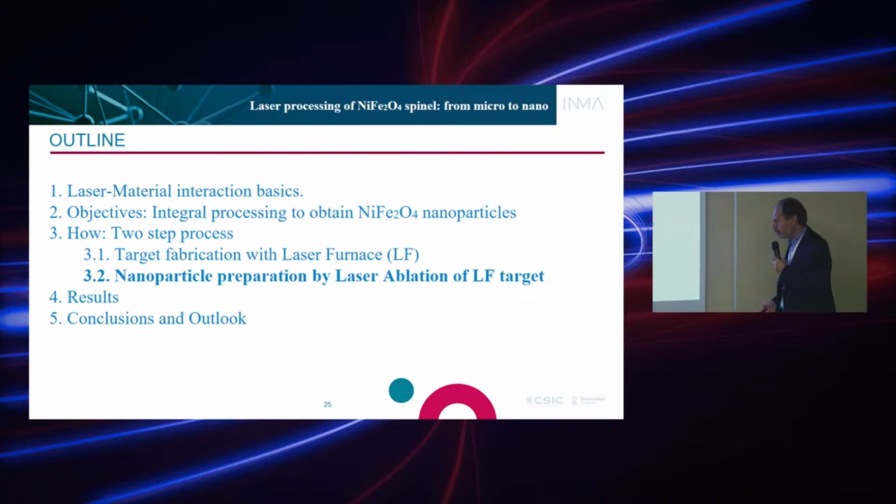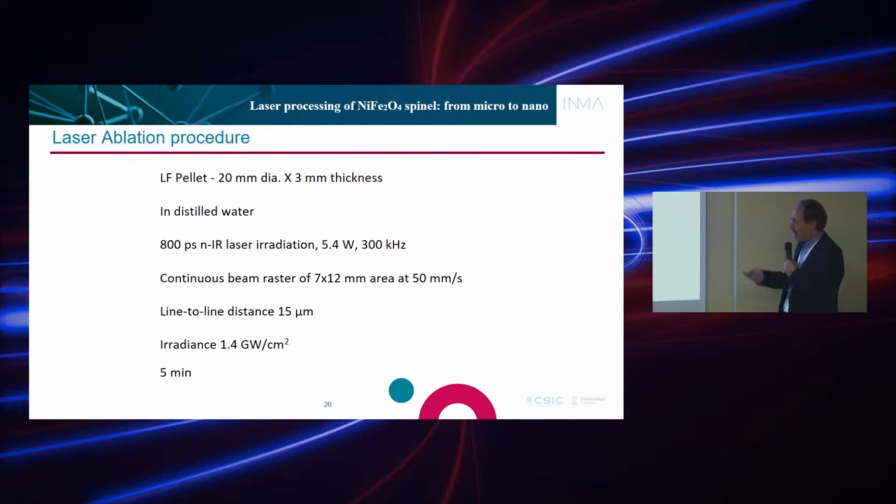If we look at the nanoparticle preparation, I have redone the conditions that I had before. We use pellets. These pellets are about 20 millimeters in diameter by 3 millimeters thickness.